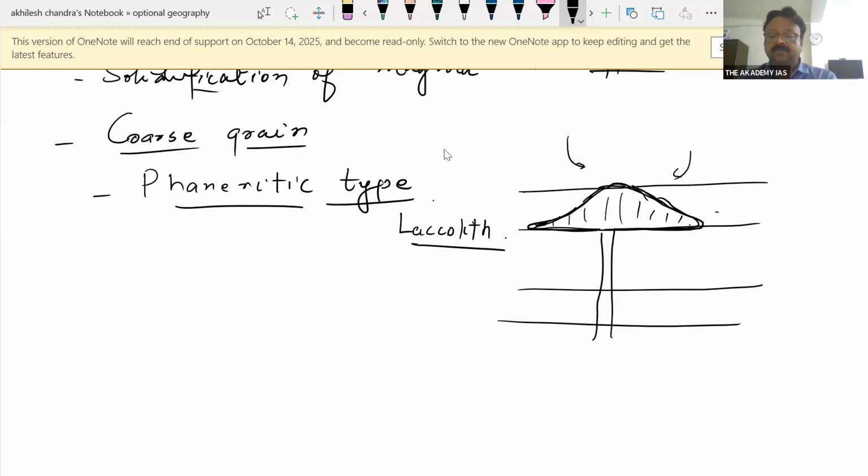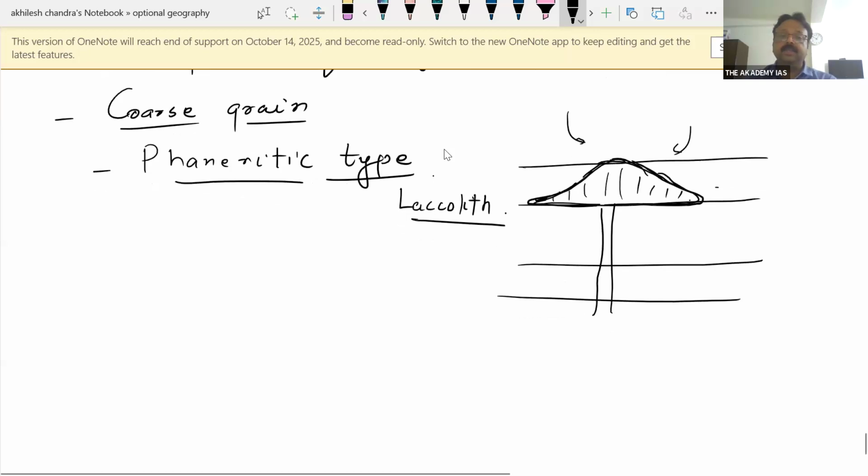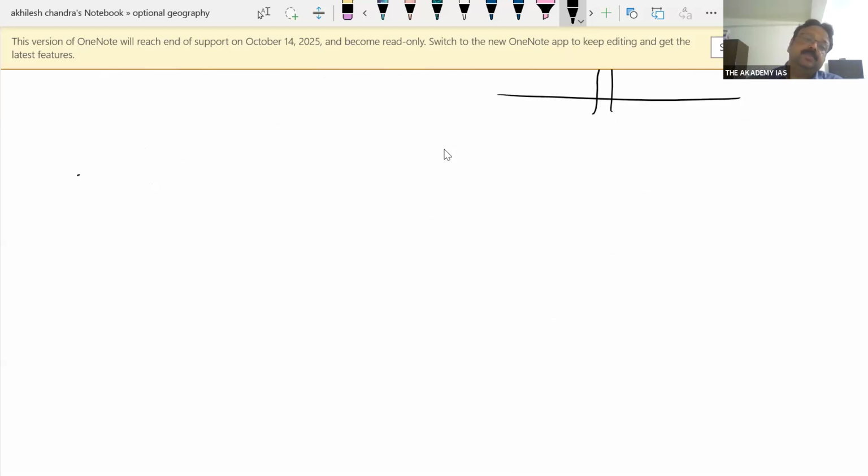So these are the igneous formations, intrusive formations, of different shapes. Let's find out the different igneous solidification, underground solidification. Intrusive igneous rock gets solidified in different shapes, and on the basis of those shapes they have been named. First one is batholith.